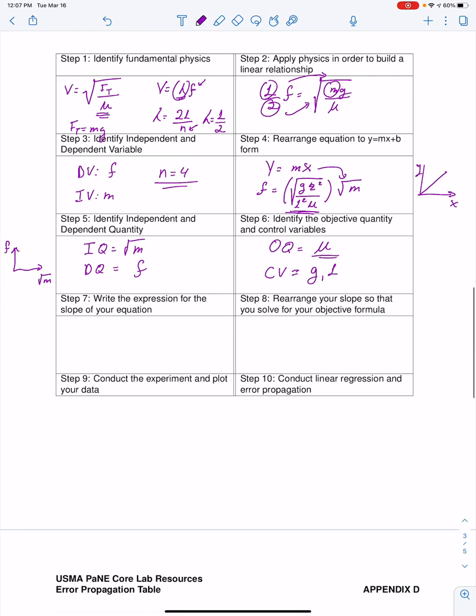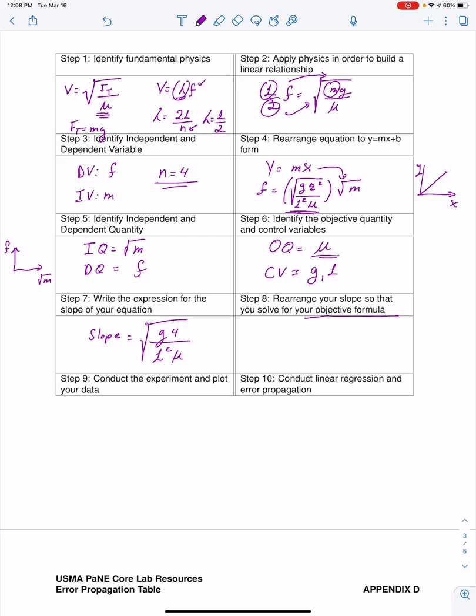And then finally, write the expression for the slope. So we actually analyze the slope, and the slope is equal to the square root of acceleration due to gravity times 4 over L squared times the linear density. And if you wanted to, now it's saying rearrange your slope, so you solve for the objective formula.